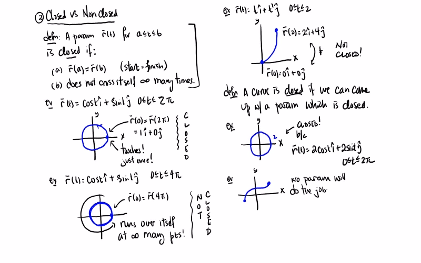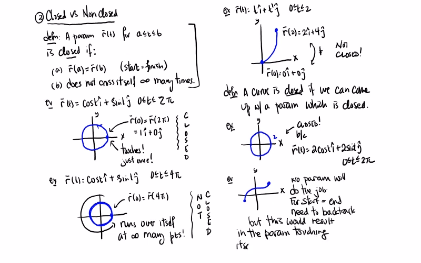We need to backtrack, right? In other words, for the start to equal the end, we need to backtrack. But we can't. But this would result in the parameterization touching itself infinitely many times.